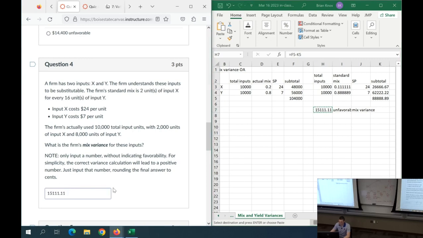Okay? Feeling okay about that? So the mix variance refers to the difference in total cost. Yes. We got an unfavorable variance there because x is more expensive than y. And somebody put their hand on the button a little too long and put a little too much x in the mixture. Too much x chemical or too much x candy in the trail mix or whatever. And that's more expensive to us.